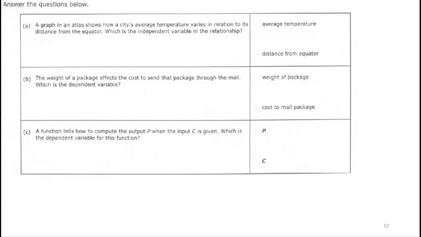Okay, so the last two topics we need to cover for this section are linear equations and scatter plots.